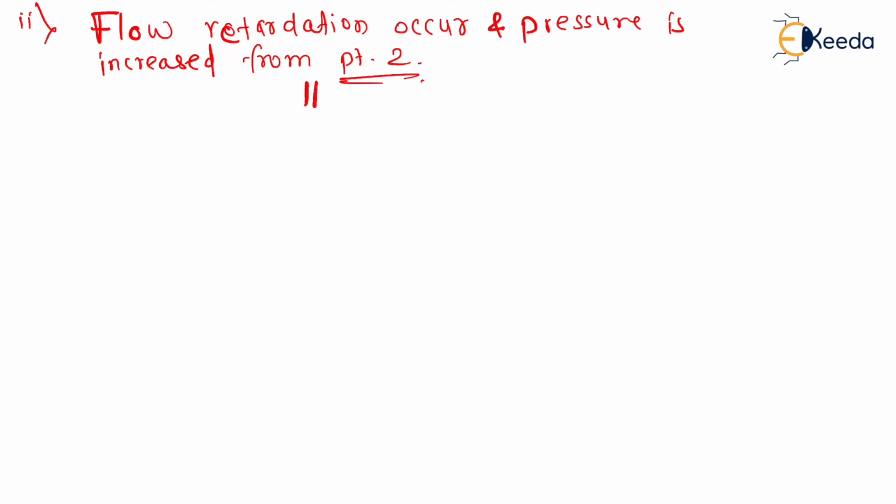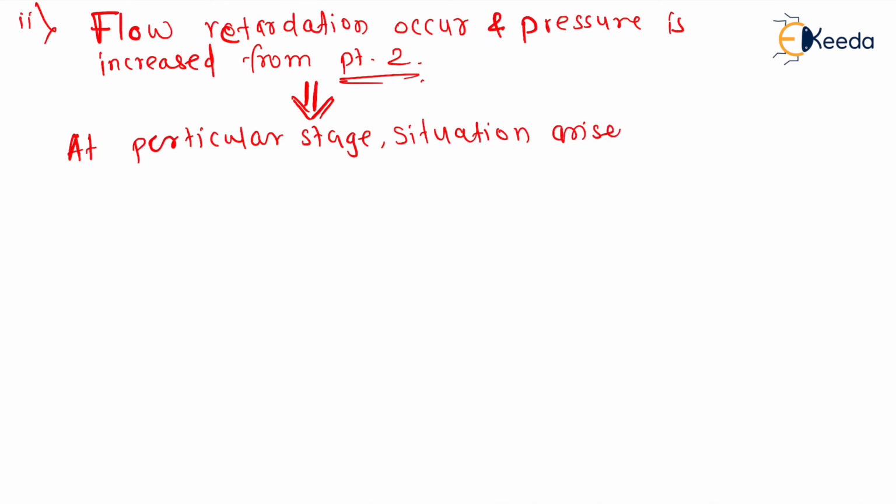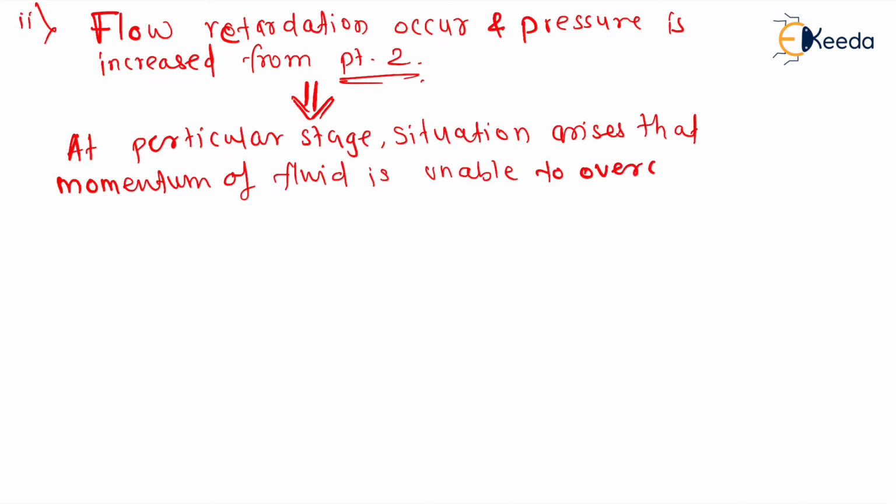At a particular stage, if it continuously occurs, then at a particular stage a situation arises that the momentum of fluid is unable to overcome surface resistance.